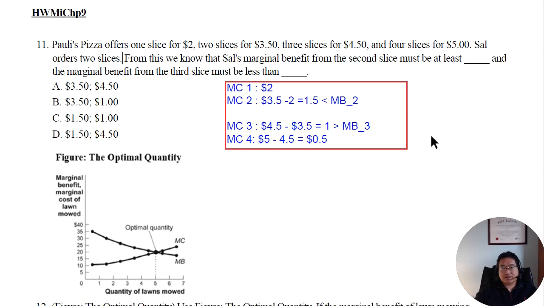Okay, that's why he stopped buying the third one. He bought the first slice and the second slice, but not the third slice. The reason is because the marginal cost is higher than the marginal benefit for the third slice. But for the second one, the marginal benefit is higher than the second slice marginal cost. So it should be pretty clear which one is the answer.